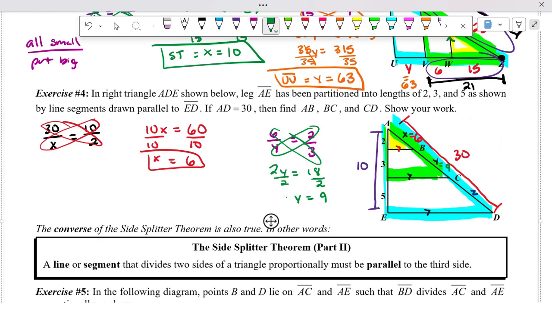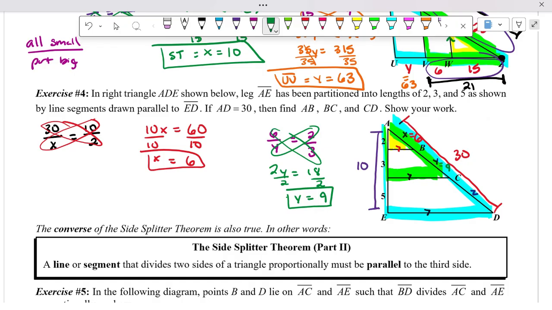So remember, I need all the small and part of the big. There's a couple of options you can use for this. It doesn't matter. Which two do you want to go with next? Green and blue. Okay, we can use green and blue.